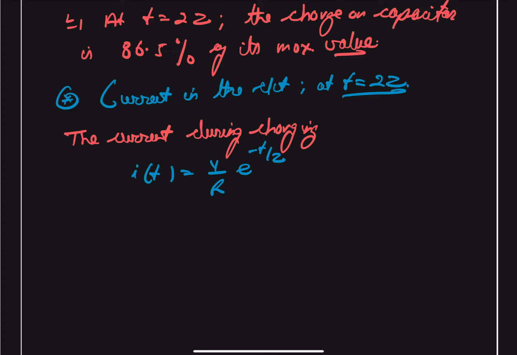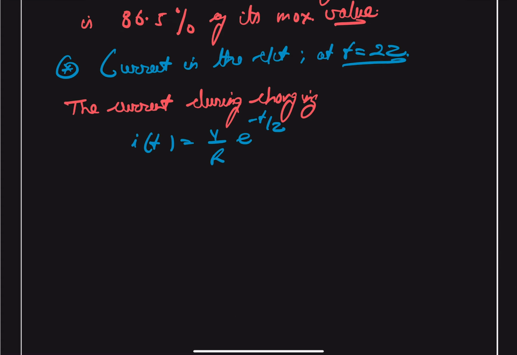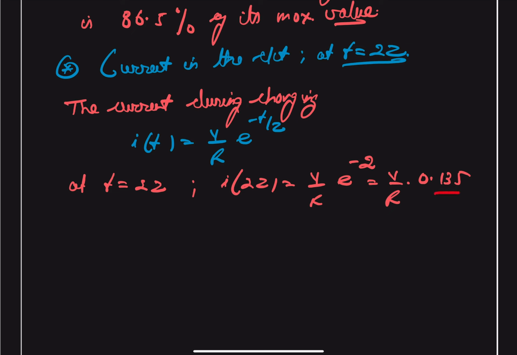Now we substitute t equal to 2 tau, and we get I of 2 tau equal to V upon R times e raised to the power minus 2. Once again we can write this as V upon R multiplied by 0.135.